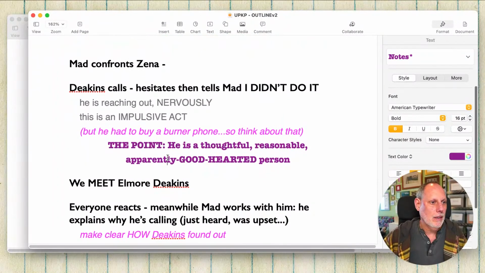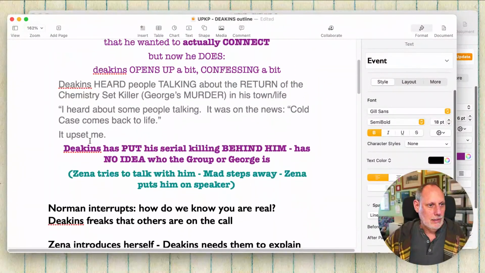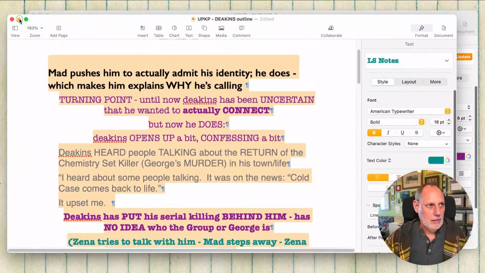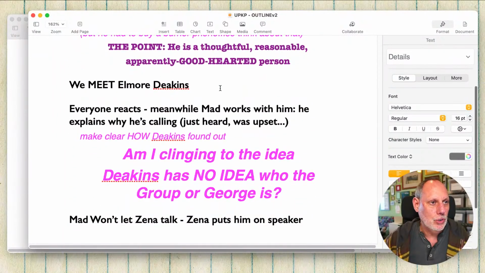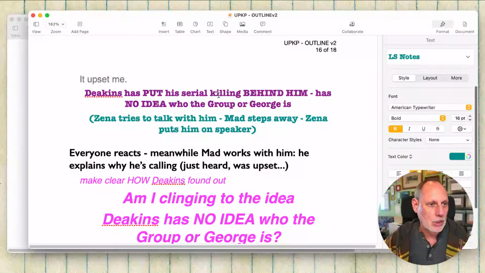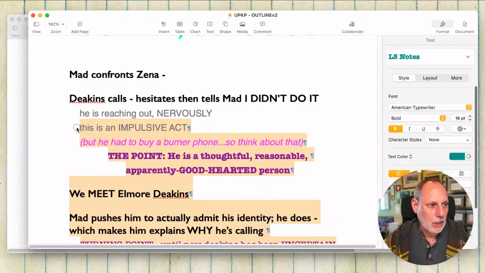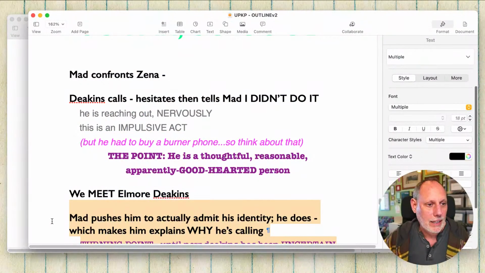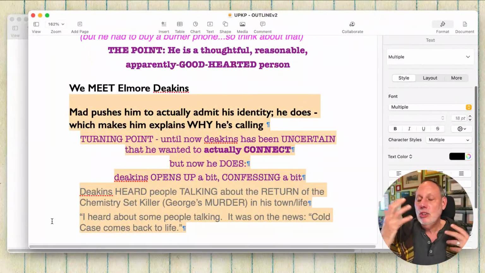All right, so what I'm doing now is just making sure that everything goes into the outline, because if you don't have all your thoughts in one place, when you're trying to write, you'll just forget them.